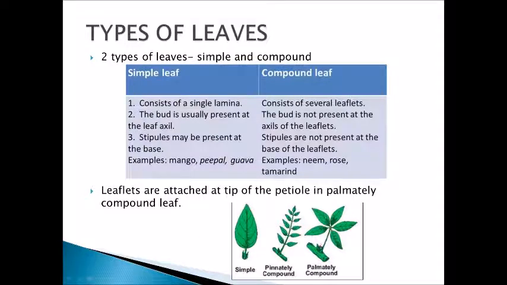This is the petiole and these 5 leaflets are attached at one point, that is the tip of the petiole, and hence it is called as palmately compound leaf. So the leaves are of two types, simple leaf, compound leaf. Again the compound leaf is pinnately compound and palmately compound.